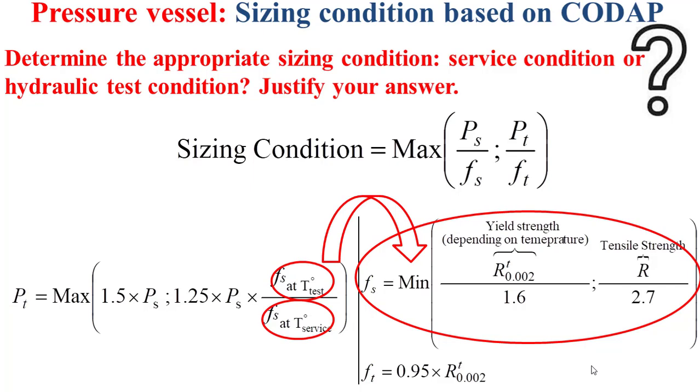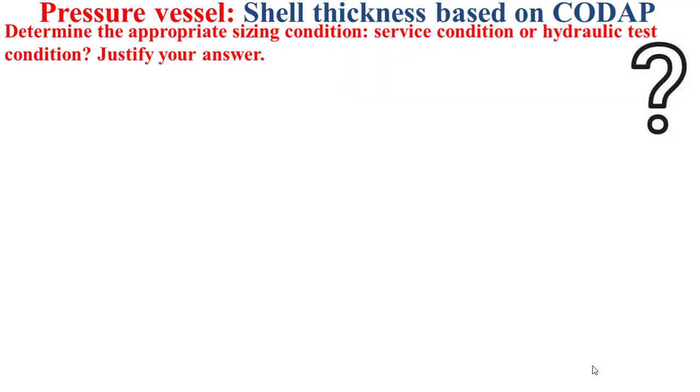But you can notice that Ft is obtained as 0.95 multiplied by the yield strength at 0.2% strain. Now I will explain how to determine the yield strength and the tensile strength.